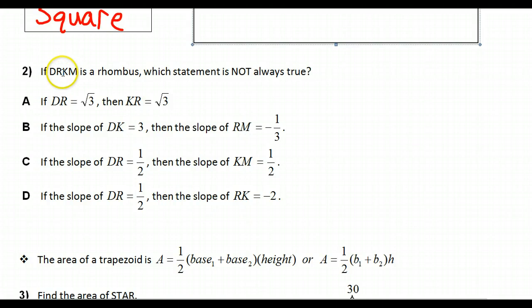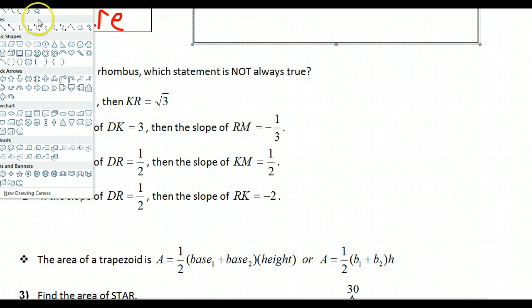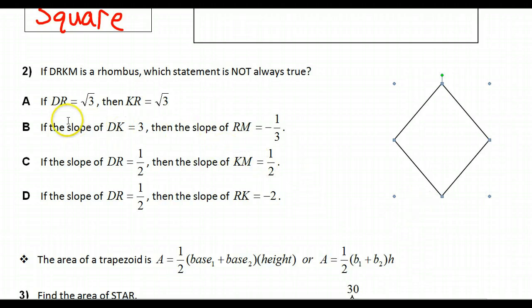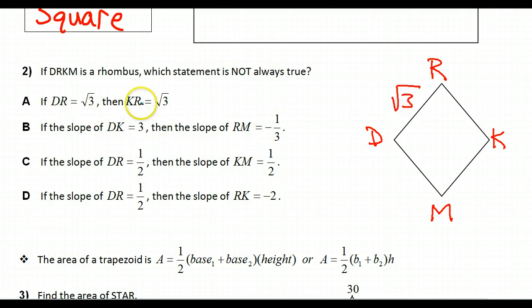If DRKM is a rhombus, which statement is not always true? It mentions rhombus, so let's go ahead and draw ourselves a rhombus. Okay, here's a rhombus. DRKM, let's label that. If DR equals radical 3, then KR equals radical 3.